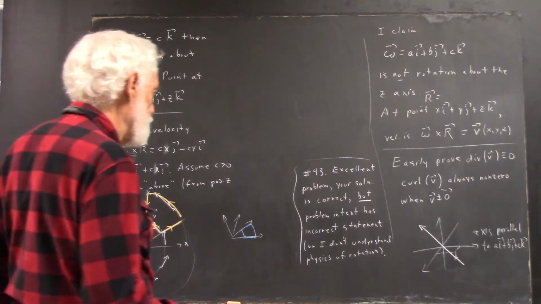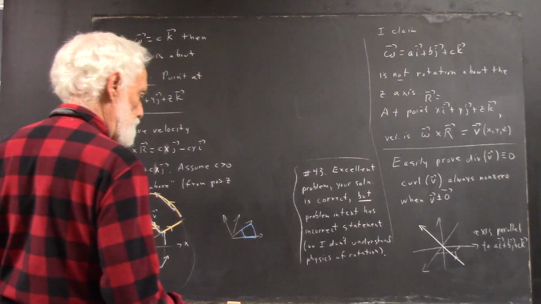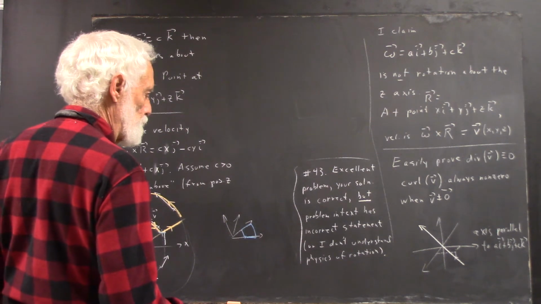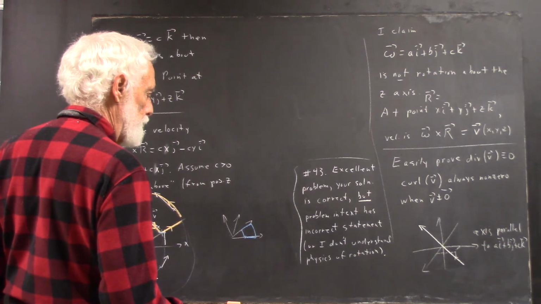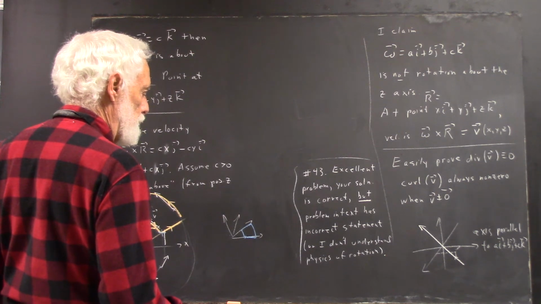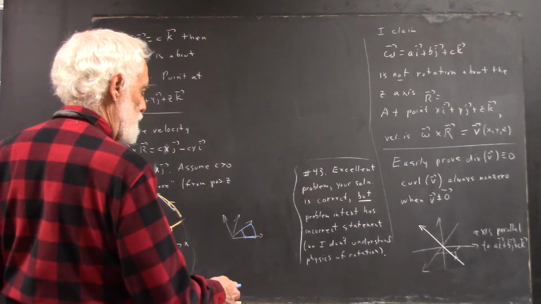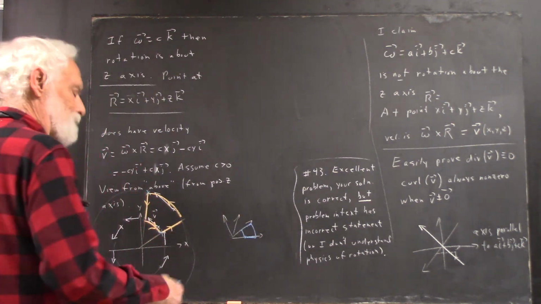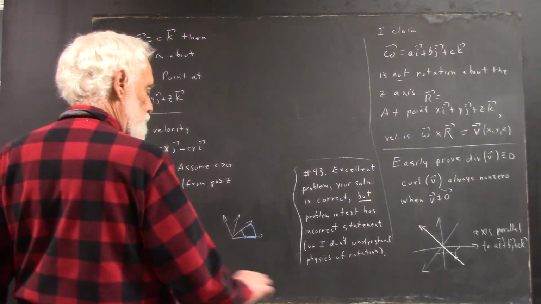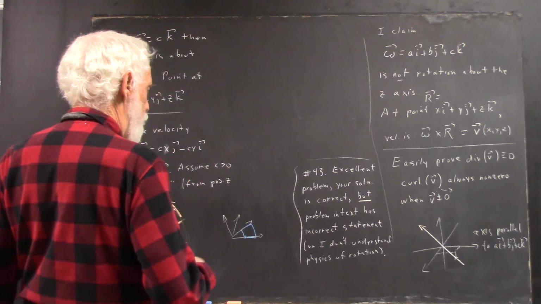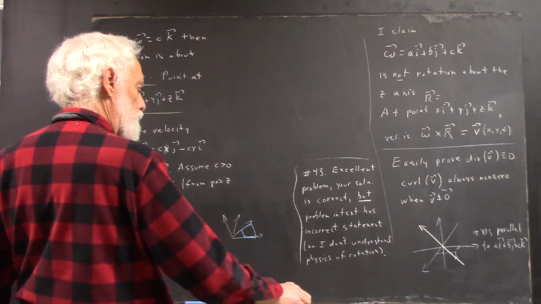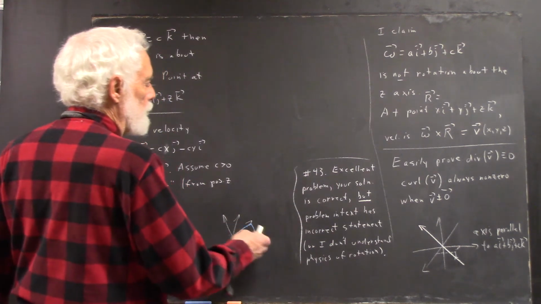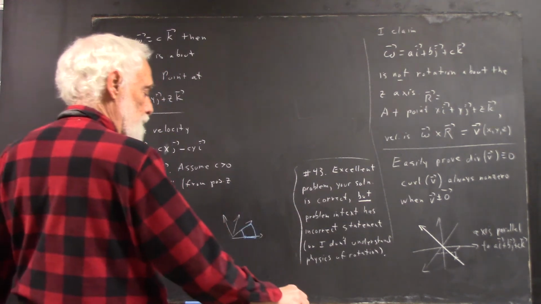And if you consider this, okay, I'm assuming a radial constant field. And actually, not even a radial constant field. It's a radial inverse square field, it's going to work.